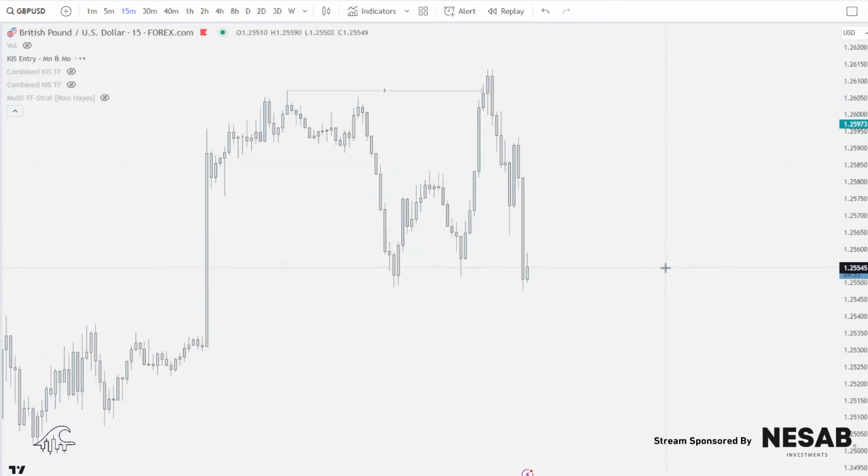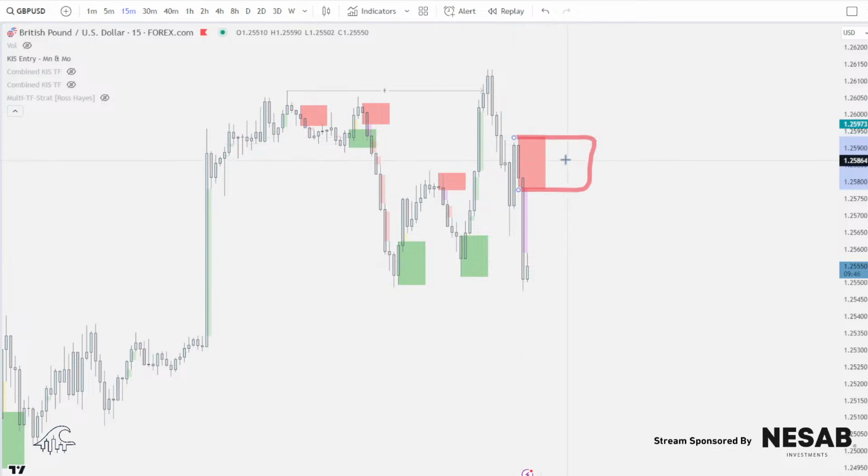So again, still no space. This will probably be the first space. Now this is actually printing early, and this shouldn't be printing yet because this gap is not formed. Again, this is a prototype version of this indicator, so it does have a couple of things that need ironing out within it.